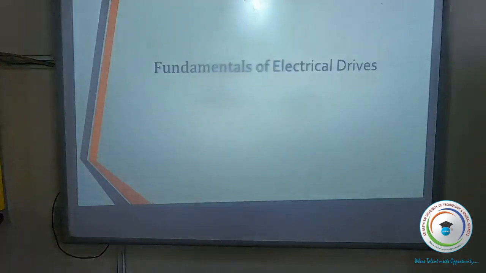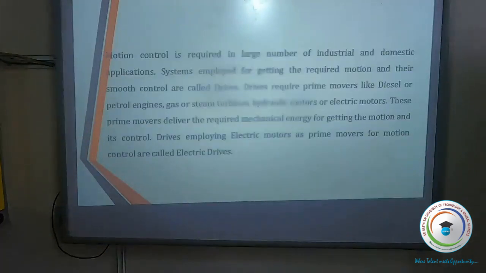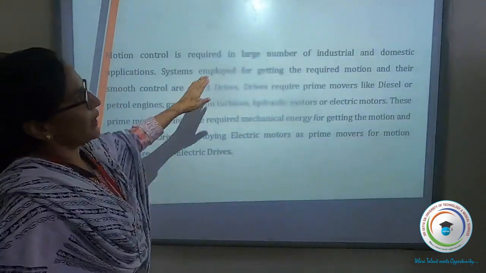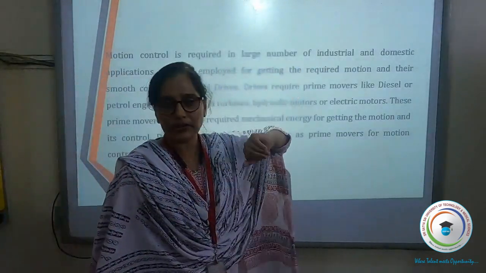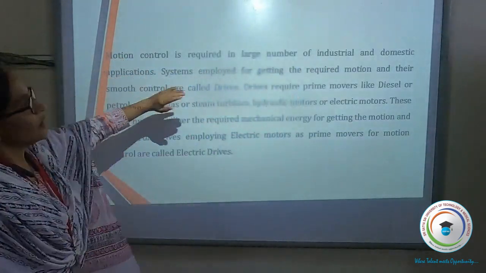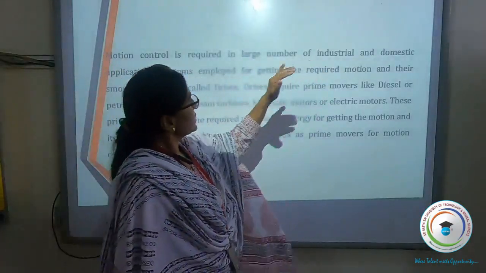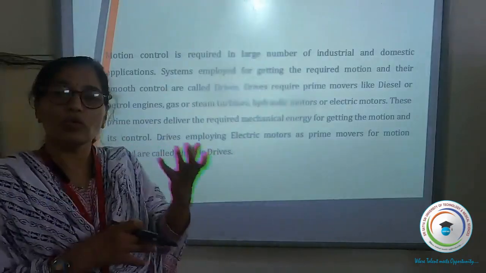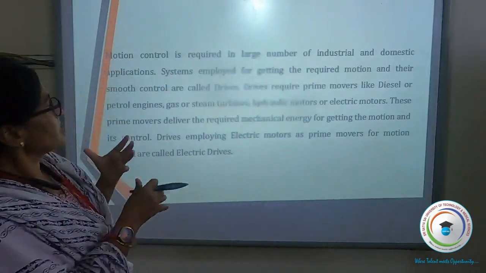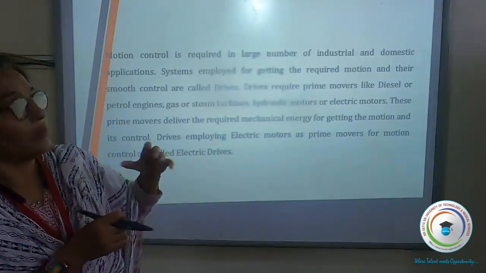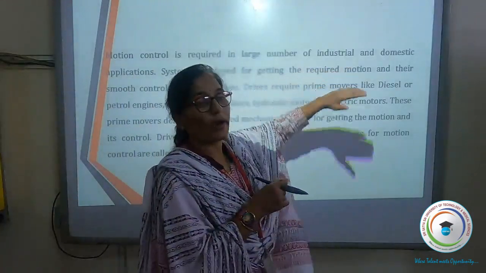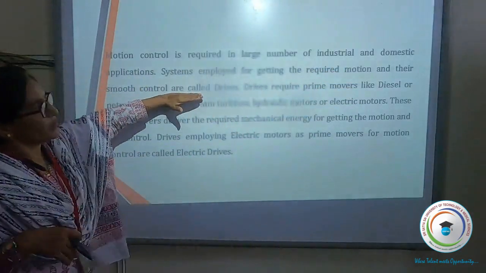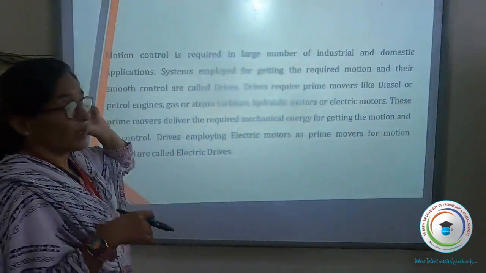Coming to the next topic. Motion control is required in a large number of industrial and domestic systems for getting the required motion and smooth control. For getting the required speed, the system can be defined as a drive system.